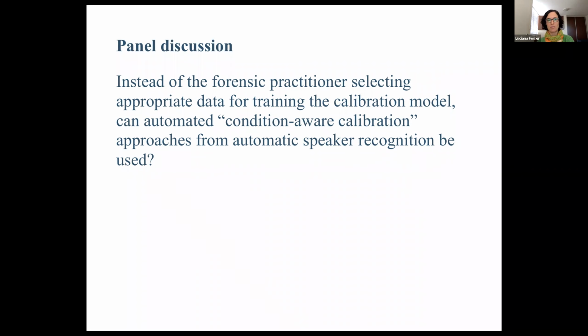Something that somehow automatically adapts to the conditions of the case, of the input waveforms, and finds the best calibration model, but without you having to collect the data for the relevant population. That would be right? Okay, so yeah, I think that should be our goal.